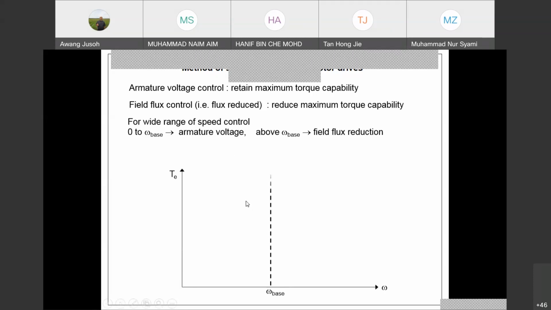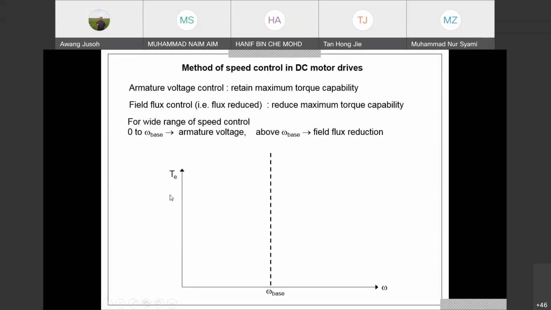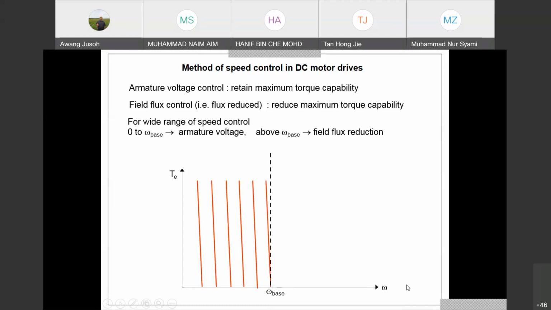This is the curve. Now we plot torque versus speed. Just now it was speed versus torque, so don't get confused. This is the base speed, for example. This is zero speed, zero torque. This is the base speed axis.